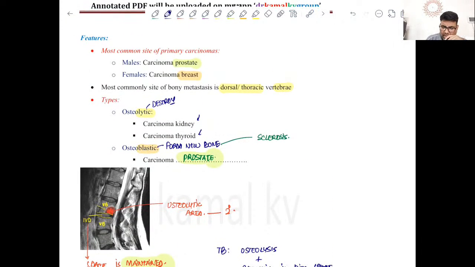And in X-rays of spine, we can see one important sign, and that is the winking owl sign, which is seen because of destruction of a pedicle on one side.